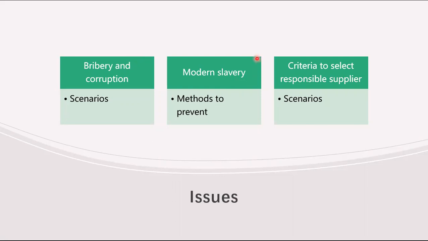Also, there are some questions on issues like human rights and modern slavery. The questions tend to be on what rights are protected in the scenario, or what is the indicator of modern slavery, or what we should do when we have a supplier who has an allegation of modern slavery or forced labor in their workforce.